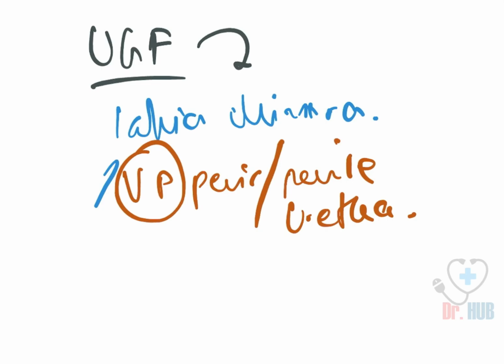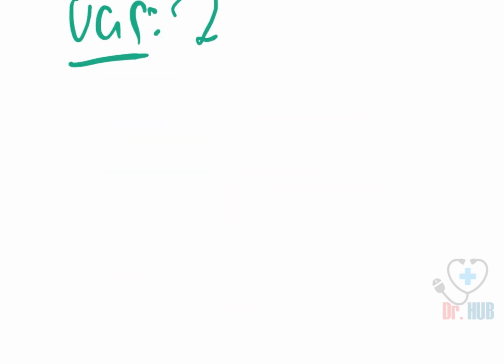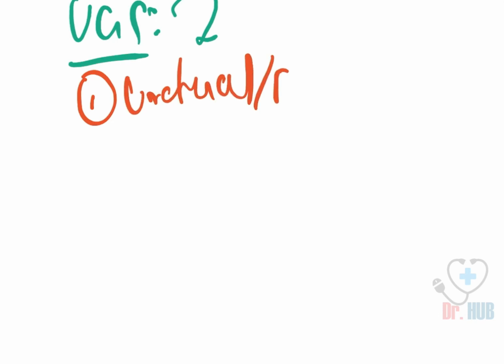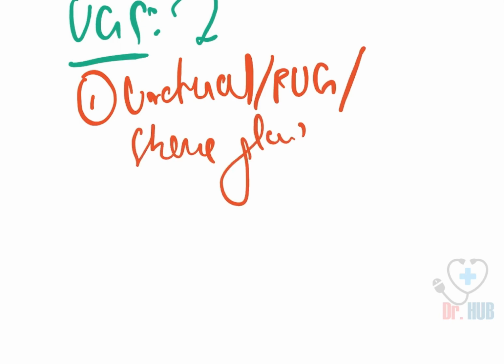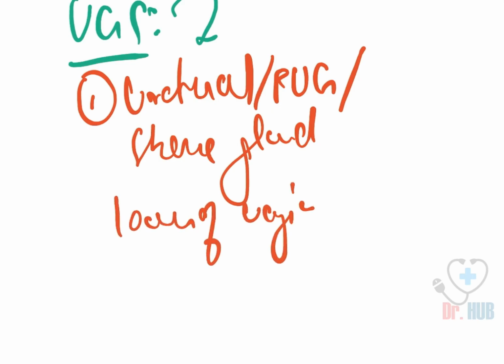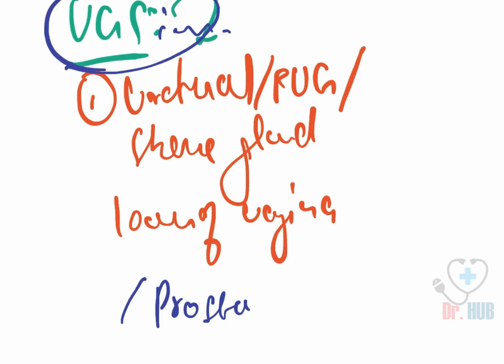Next, we asked in case of urogenital sinus, what are the structures? Firstly, there is the urethral and the paraurethral gland, or the Skene's gland, or the lower part of the vagina. So these are in females. In males, it is the prostate gland. This is all arising from the urogenital sinus.